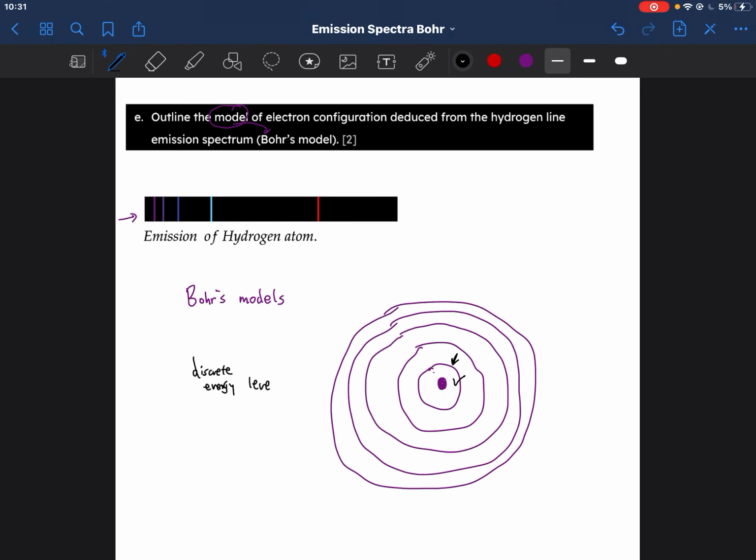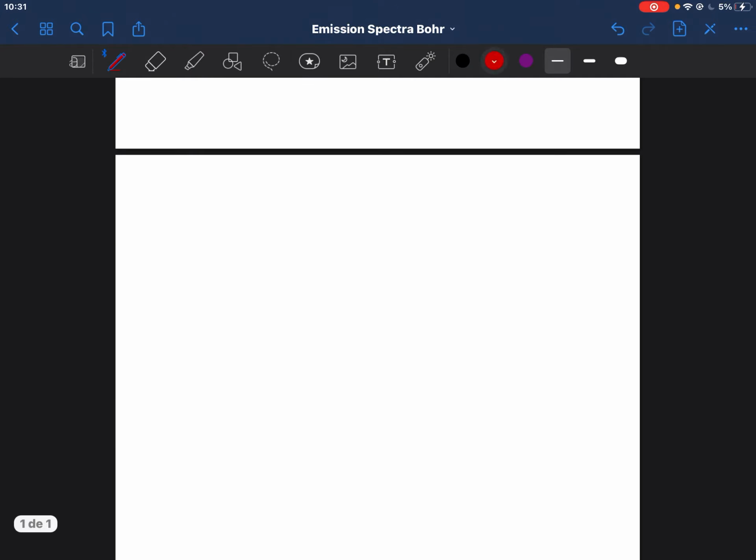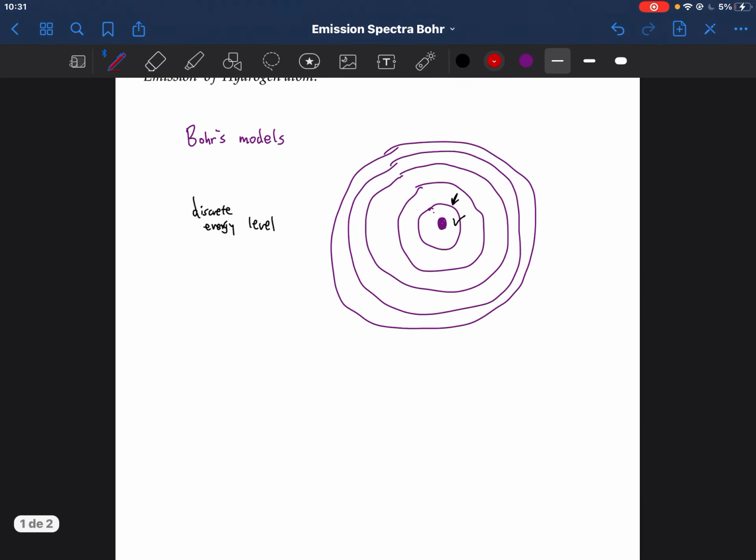I could picture another situation in which Bohr had described electron energy with a nucleus in the middle, and then kind of a whole area of electrons, right? Being, for example, n equals 1. This is not what he said. Bohr made discrete energy levels. He said that n equals 1, the first energy level, is at one specific energy.